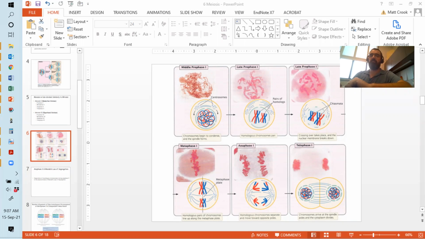For us, for humans, we have 23 pairs of homologous chromosomes. You have 2 to the power of 23 combinations, which equals 8.4 million.